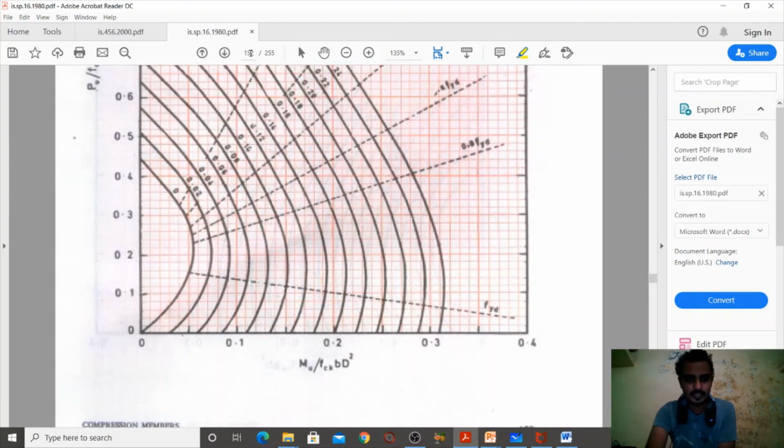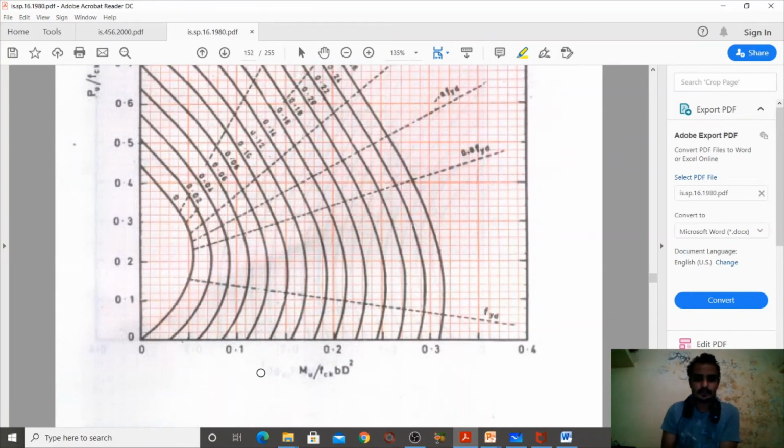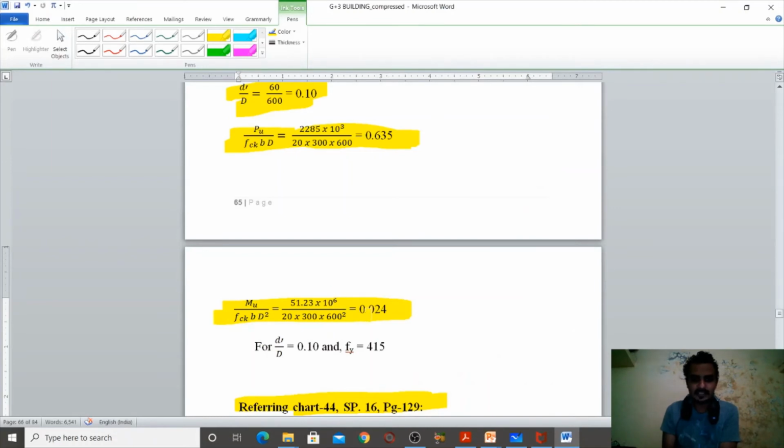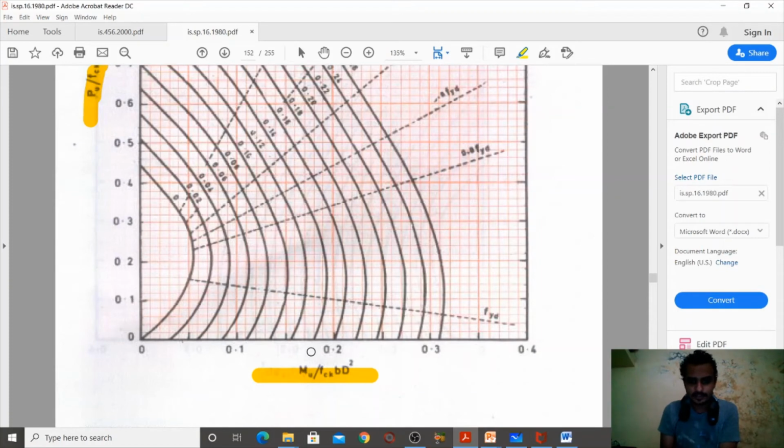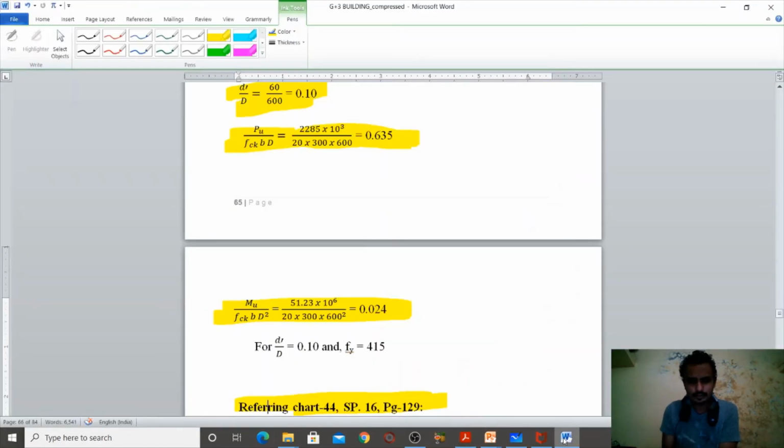Page number 129. Here we have Mu FCKBD square and PU FCKBD square. So the value of Mu FCKBD square is 0.024. Where is the chart? I forget.